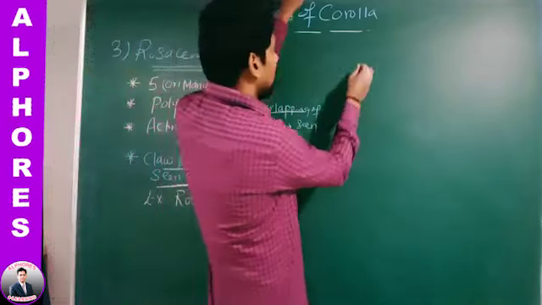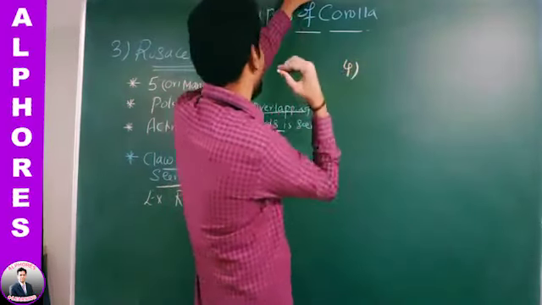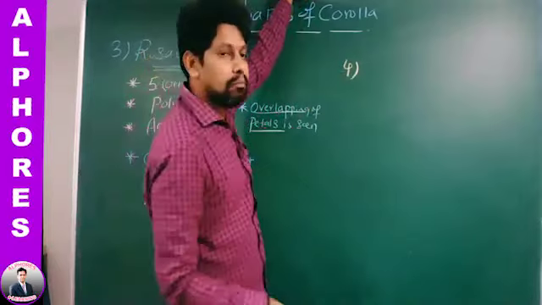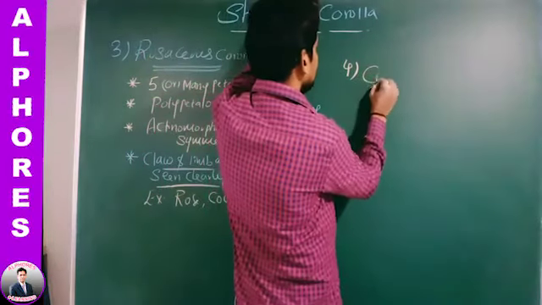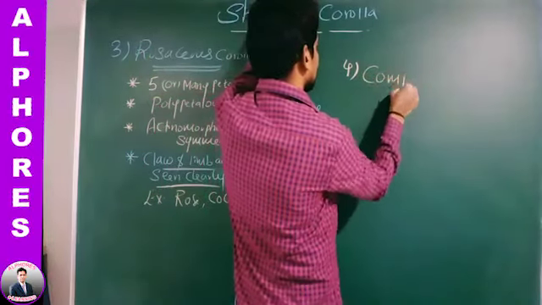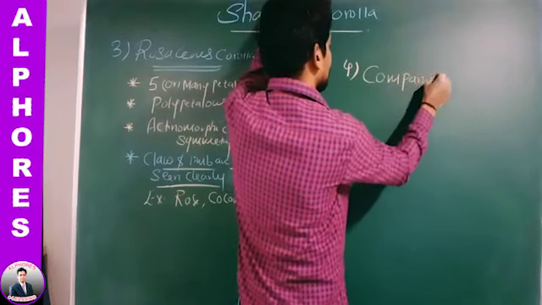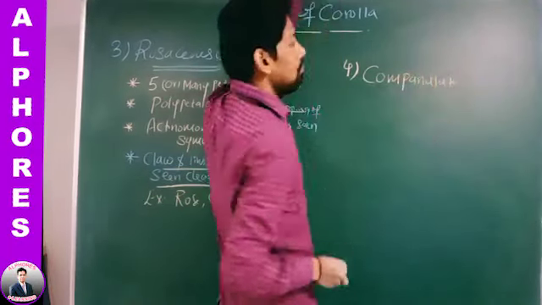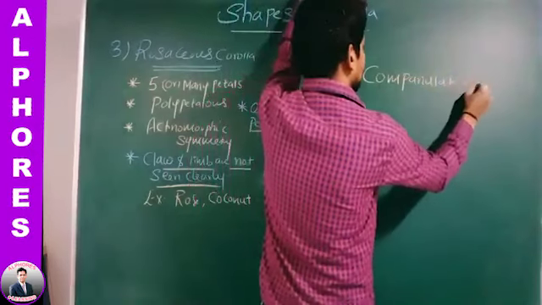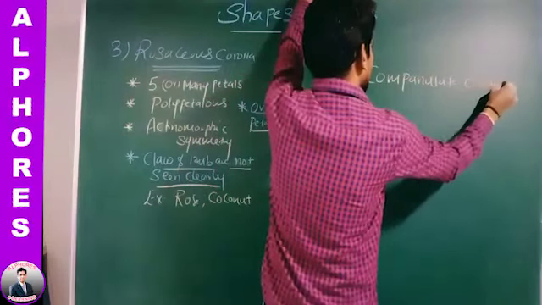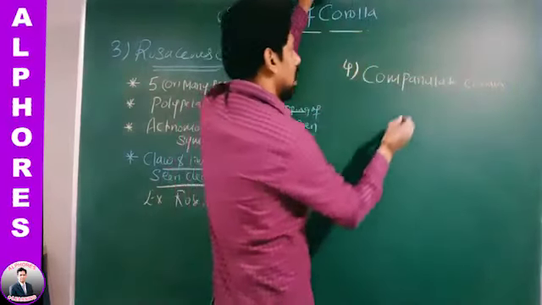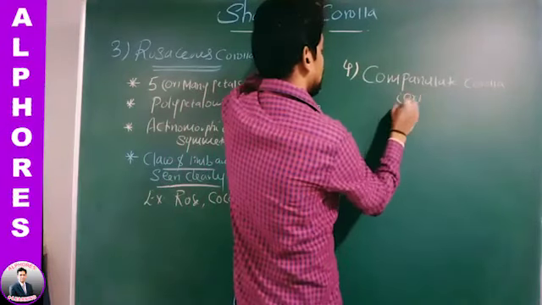Now go for the next one, number 4, campanulate corolla. Campanulate corolla is also called bell-shaped corolla.